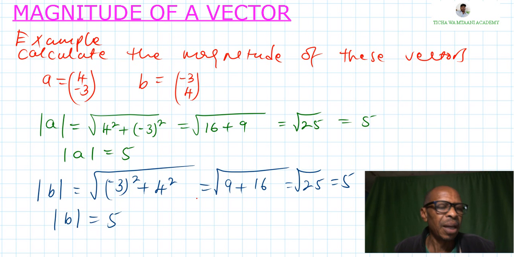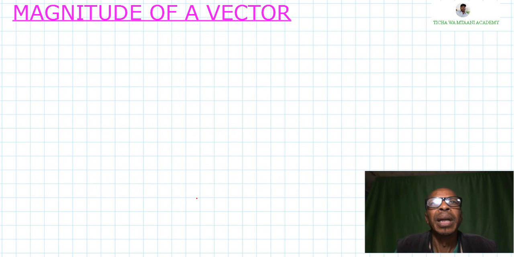So that is how you get the magnitude of a vector given the column vector or the components of that vector. We make use of the Pythagoras theorem, and I hope that is clear. To wind up, let me give you a practice question.